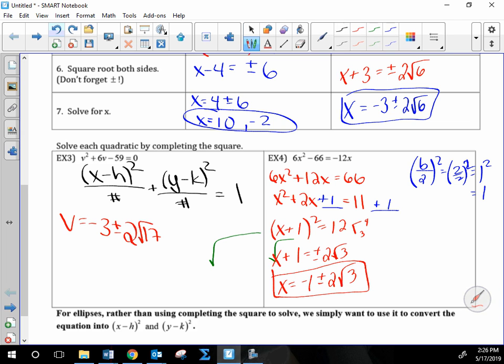So our goal is to get it in this nice format, which we will use completing the square for. We're not going to have x equals or y equals. So we're going to do it slightly different, but it's still the same idea of how we complete the square. It's just not completing the square to solve. We're just completing the square so it's a nice factorable thing. So let's take a look at how to do it.